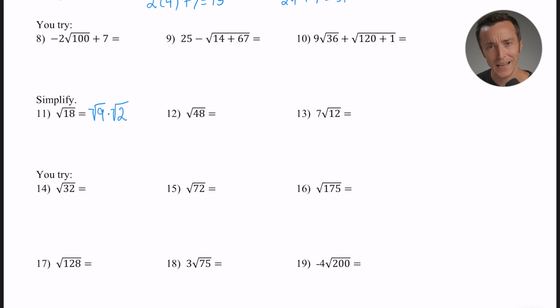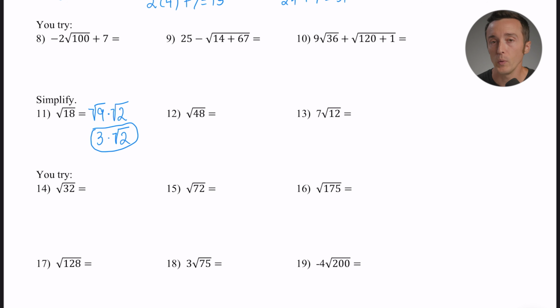But why did I pick 9 and 2? I could have used 3 and 6 or 1 and 18. Well, the reason that I picked 9 and 2 is because 9 is a perfect square. The square root of 9 is 3. So I can rewrite this as 3 times the square root of 2. And although it feels kind of weird, that's actually your final answer, 3 times the square root of 2.